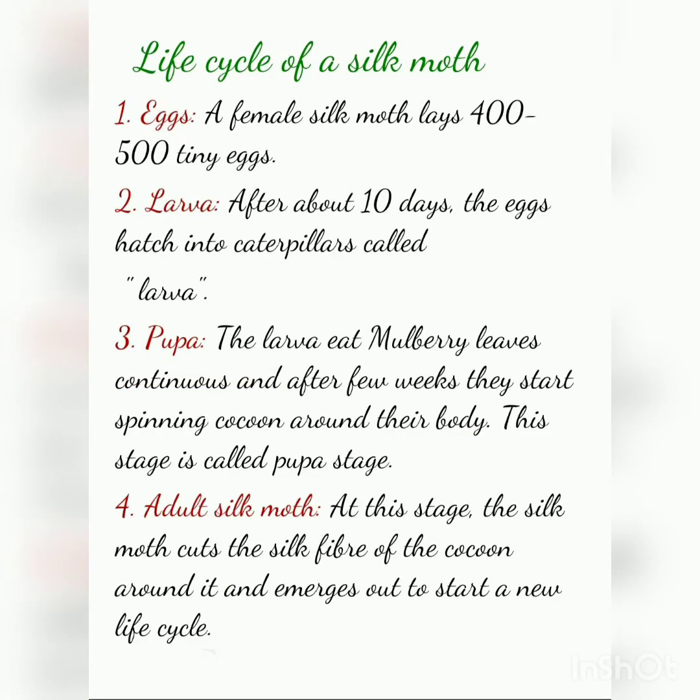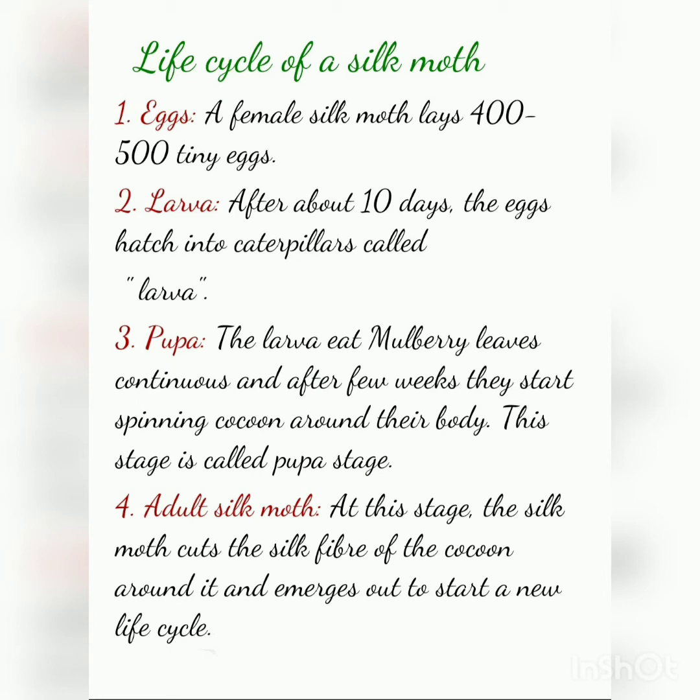After that, give heading Life Cycle of a Silk Moth. There are 4 stages in the life cycle of a silk moth: eggs, larva, pupa, and an adult silk moth. All the 4 stages are explained properly in the last video.